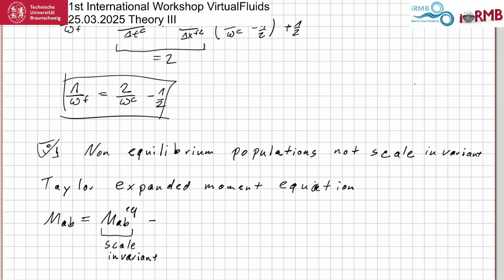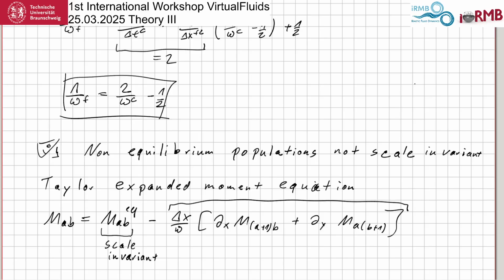And then there is minus delta x divided by omega, and here we have d_x m_(a+1)b plus d_y m_a(b+1). And all of this is the non-equilibrium part.